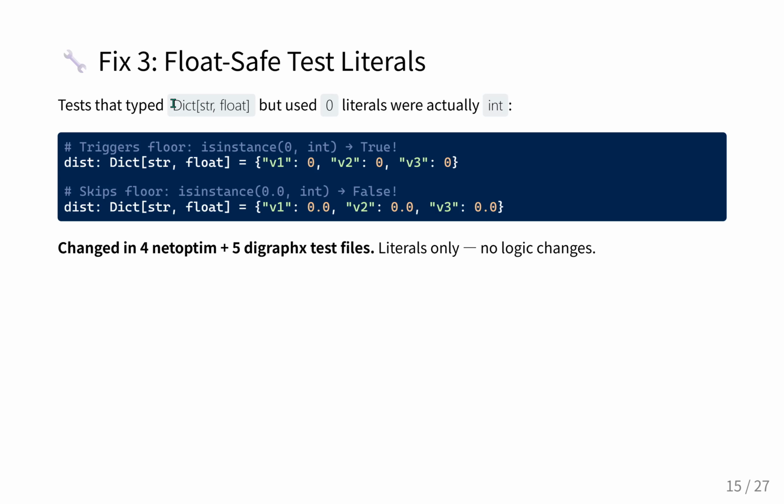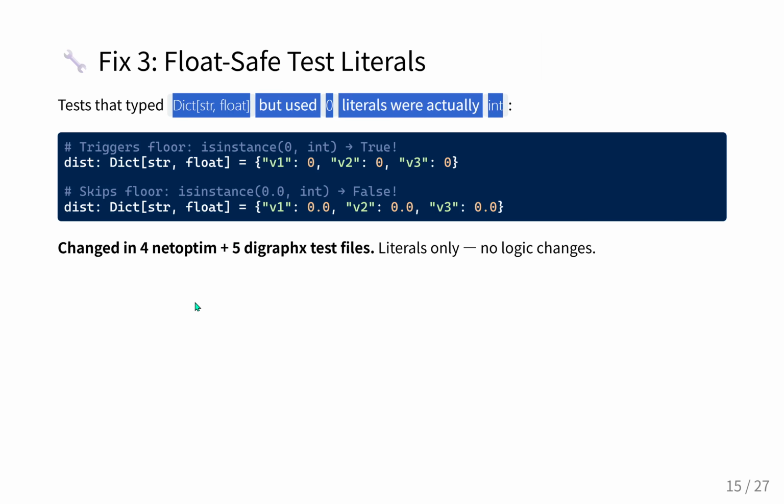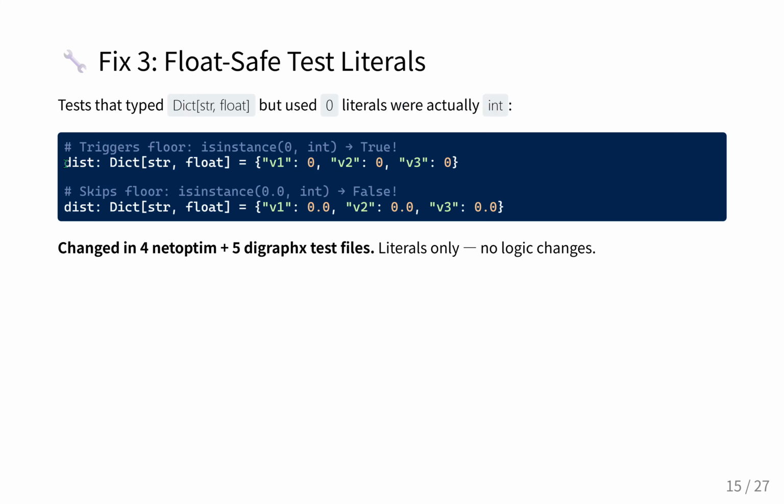But the actual test data inputted a literal 0, just the digit 0. Right. Python looked at that 0, declared it an integer, and threw a massive error because it wasn't a 0.0. It is exactly the kind of debugging nightmare that makes you question your career choices. Seriously. Imagine having 149 tests fail because you wrote a 0 instead of a 0.0. Painful. The developer had to go through and fix the test literals.